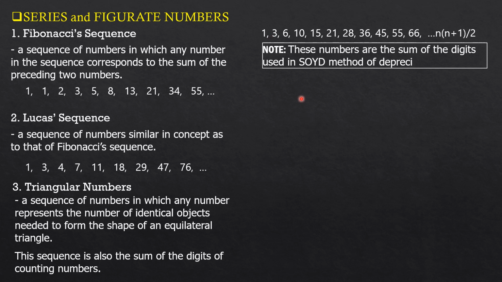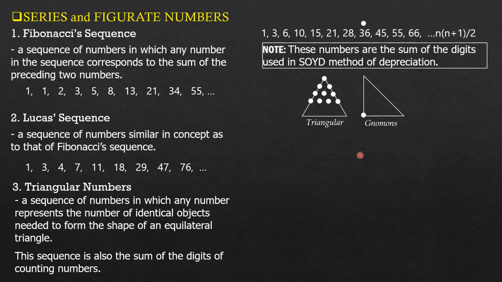The next layer has 3 balls, so 3 plus 3 is 6, and so on and so forth. So in that arrangement, 1, then 3, then add 3, 6, then add 4, 10, then add 5, 15. So I hope that you know the concept.